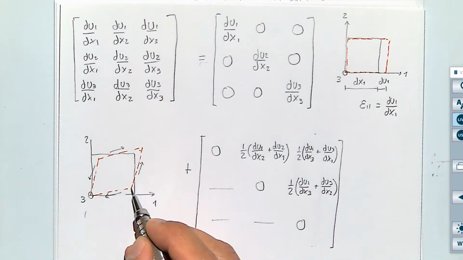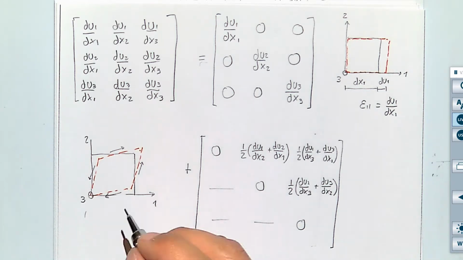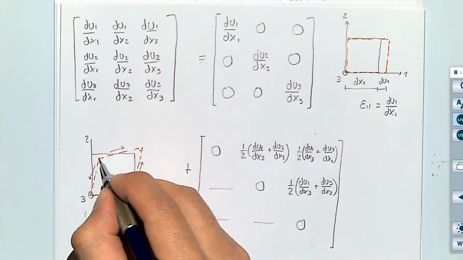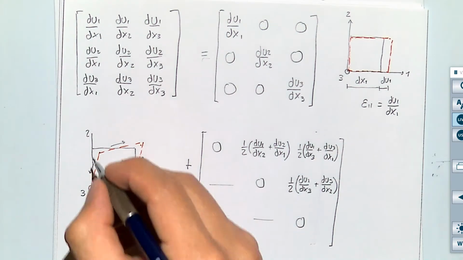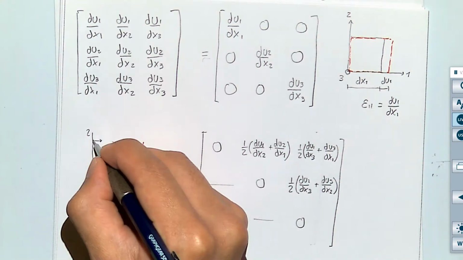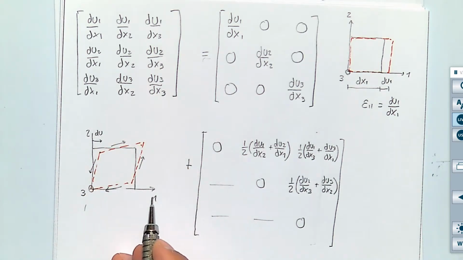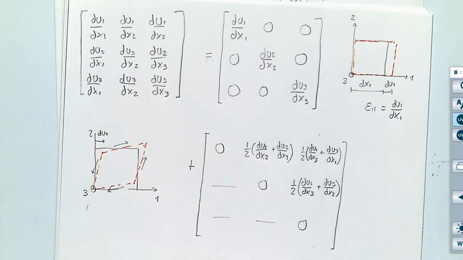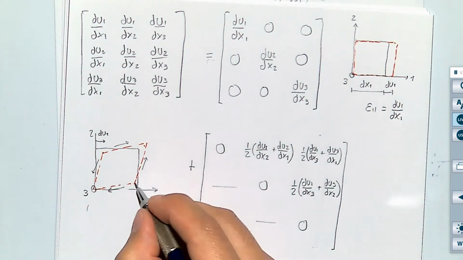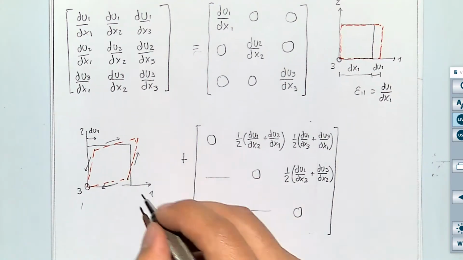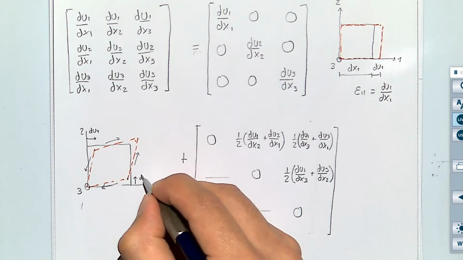Okay, so let's see how these points move. Let's take a look at this one. This one moved an amount in direction 1, mostly. And this point over here moved in direction 2.